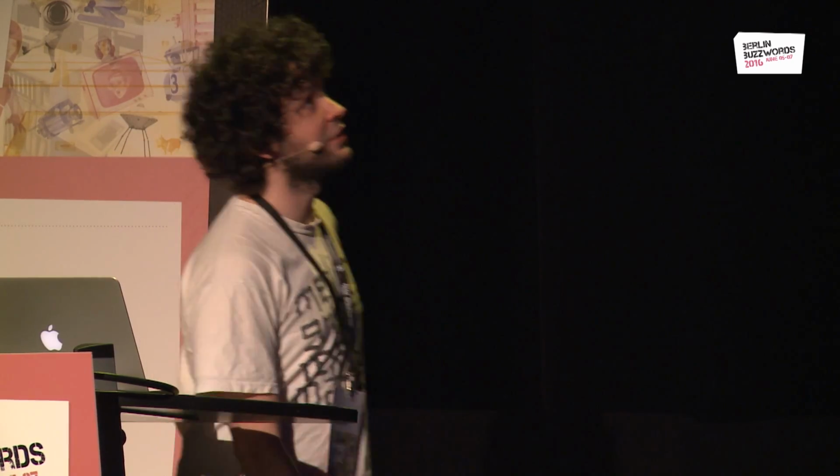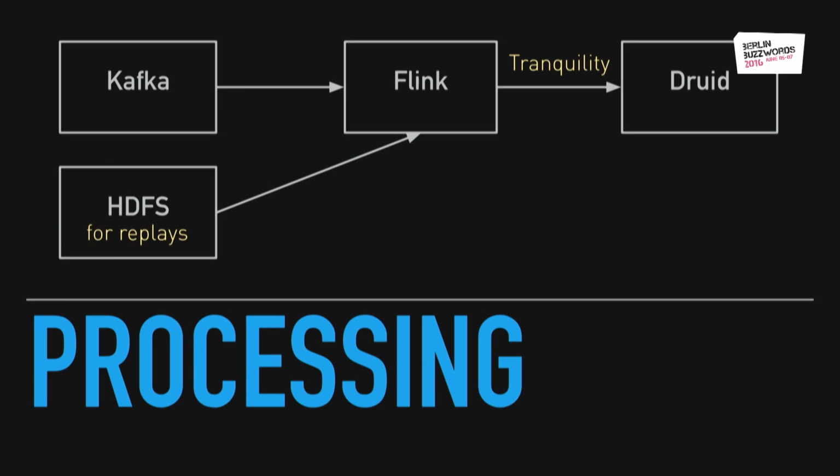But in our case, we have a lot of data already in our warehouse. We have almost all data that ever came to us in our warehouse. So we would like to be able to process that and not store it also in Kafka. And so we came up with an architecture where we have Kafka and HDFS as sources for Flink, and these sources are the only difference in the code path when we want to process our data.